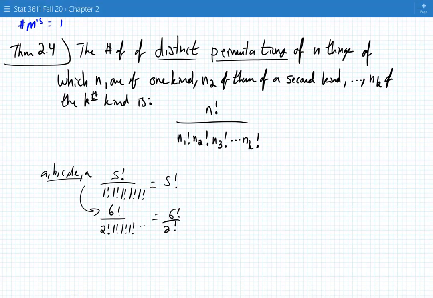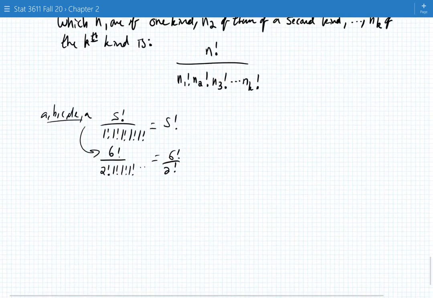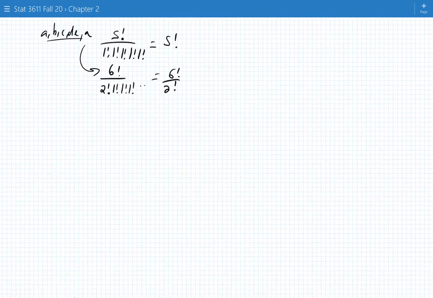We're going to start to generalize this theorem and the strategy that took place in this last example. Oftentimes, we're concerned with counting a specific thing.